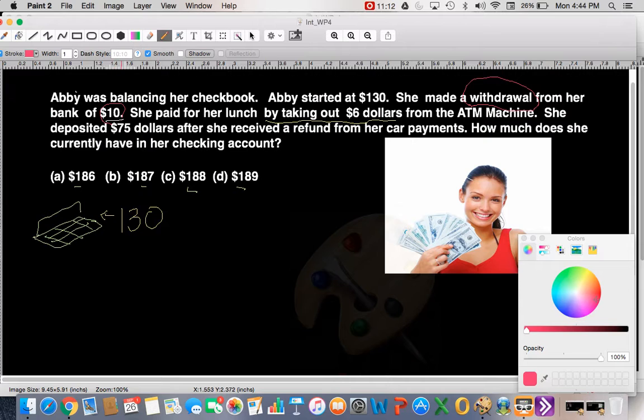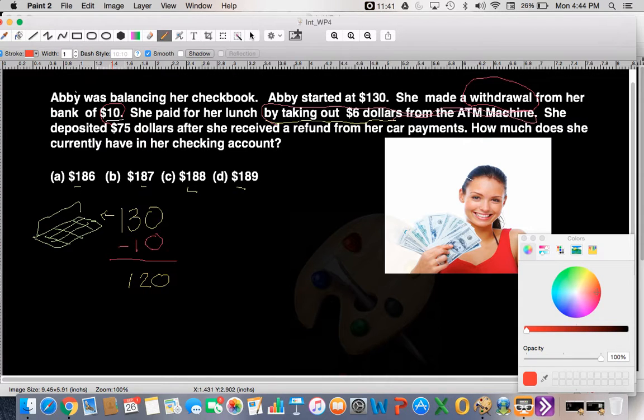Withdrawal from her bank of $10. So you're going to subtract $10 from the amount, right? So the total of that would be $120. She paid for her lunch by taking out $6 from the ATM machine.